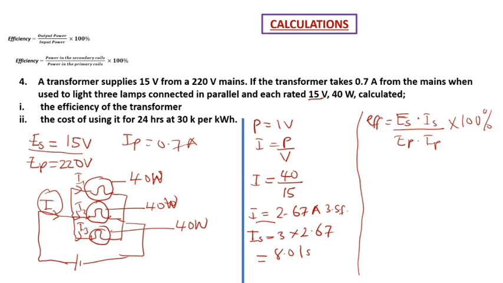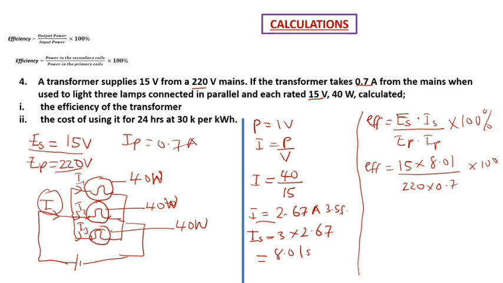So this efficiency would give us ES, which is 15, times IS, 8.01. I'm working all my values to three significant figures. Divided by EP, which is 220 volts from the question, times 0.7, times 100.